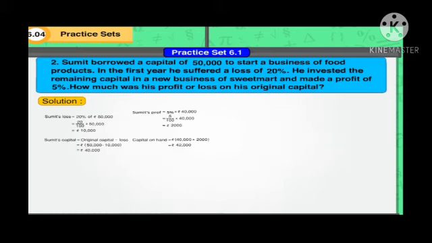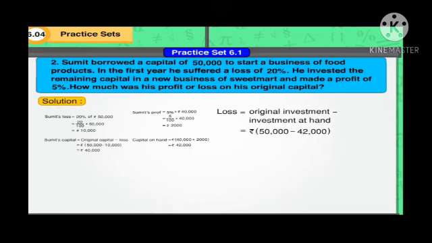Now Sumit's capital on hand is less than original capital, that means he incurred a loss. So loss is equal to original investment minus investment at hand. So original investment is 50,000 minus 42,000, that is rupees 8,000.